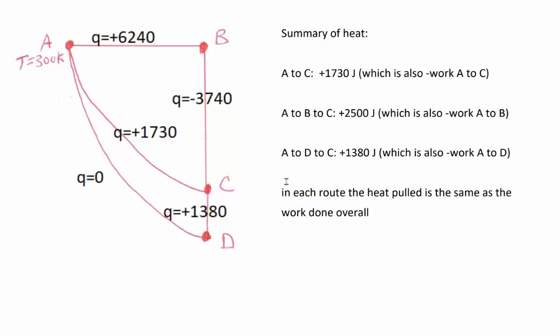So depending on how we do this transformation, even though in the end we're just going from A to C, the beginning's the same, the end's the same, but the route's different, and that means that potentially we've done something different to the environment. We've pulled a different amount of heat out of the environment for each of these processes.